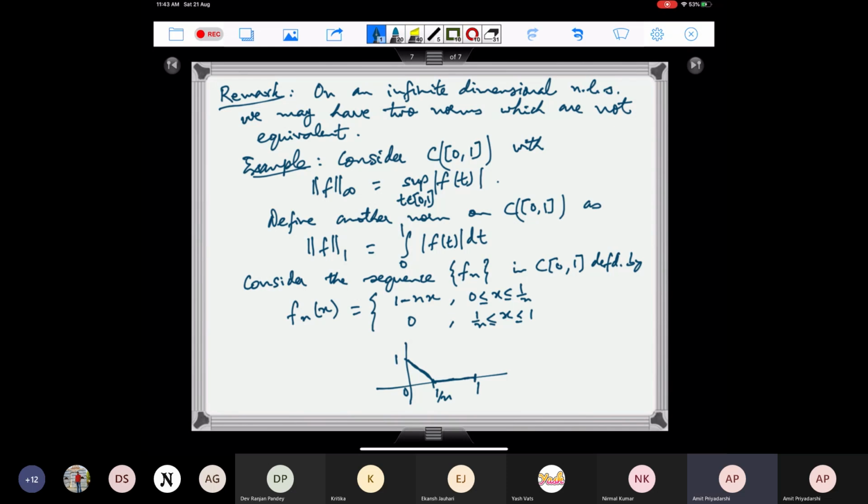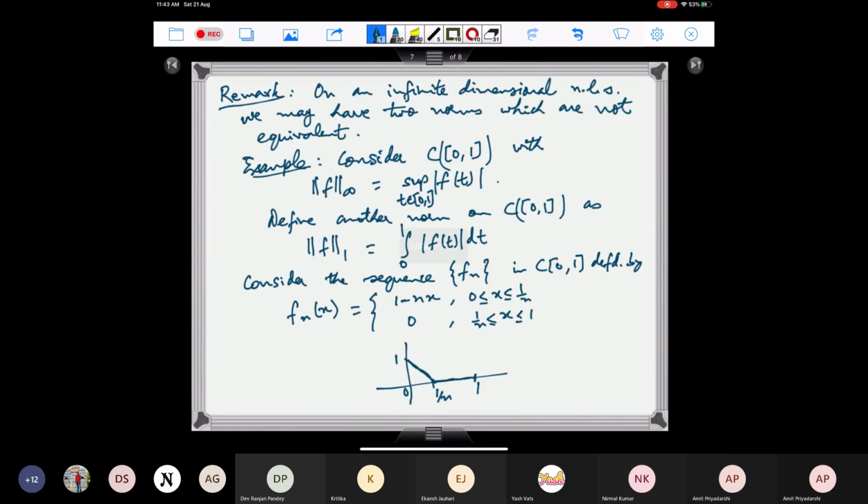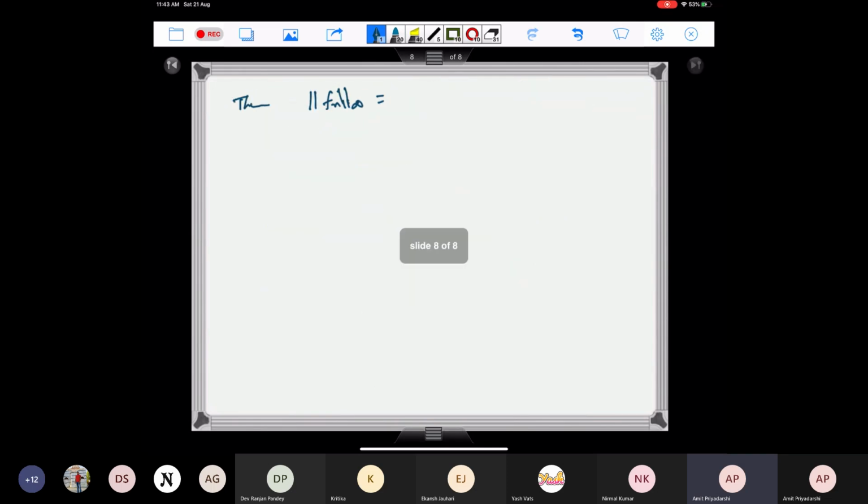Then what is the sup norm of this f_n? See, f_n(0) is always equal to 1, and mod f_n(x) is always less than or equal to 1. So this is equal to 1 for all n. Right? The infinity norm of f_n is equal to 1.